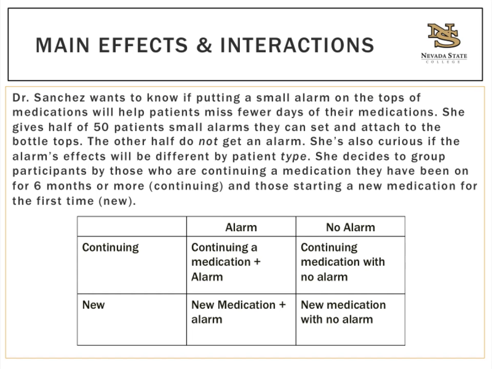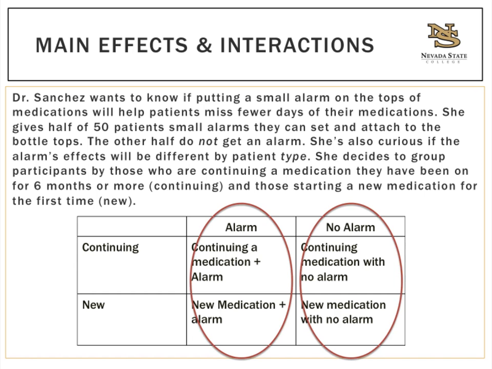Now, when you go to analyze these data, you're actually looking for 3 different effects. Okay, 3 different effects. 2 of them are called main effects, and 1 of them is called the interaction. So, the first main effect we can look at is simply the alarm groups, right?